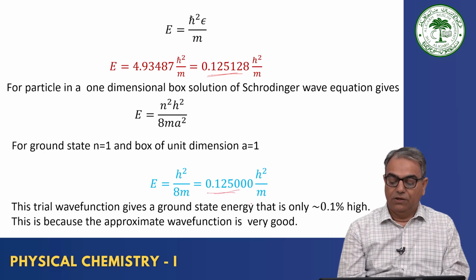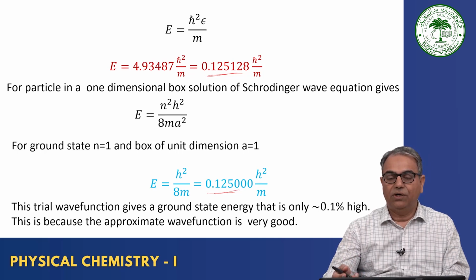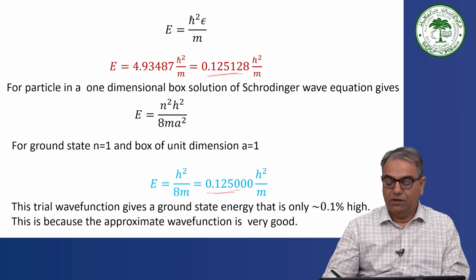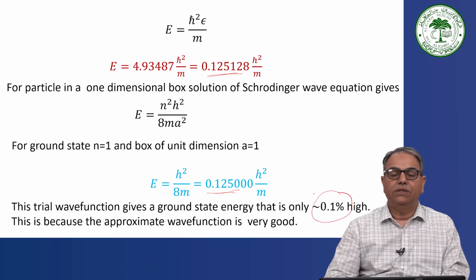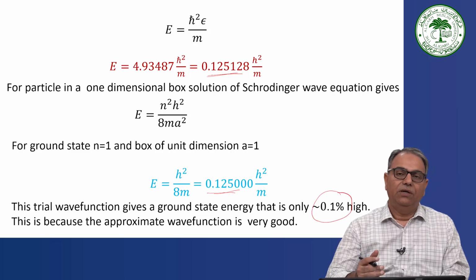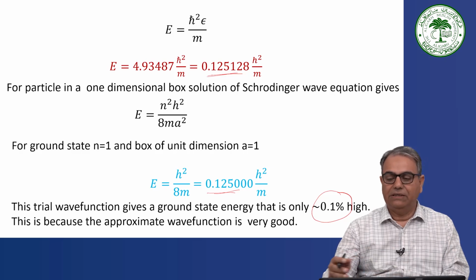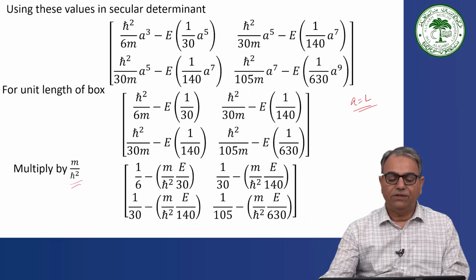So you see, when you use this linear variation treatment for the particle in a one-dimensional box, you are very close to the actual ground state energy. Gradually we started talking about variation treatment and then linear variation treatment. We did the calculation with the individual functions also.